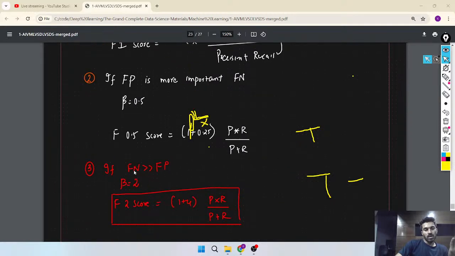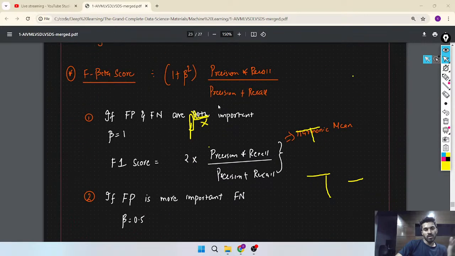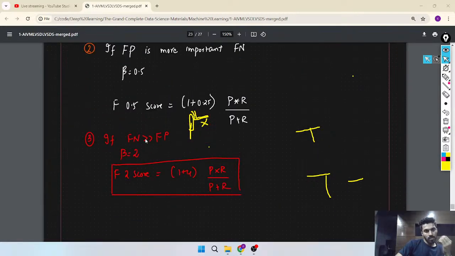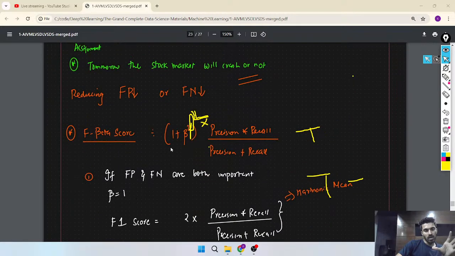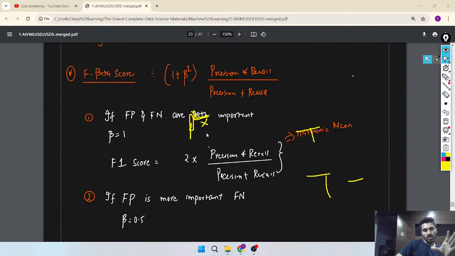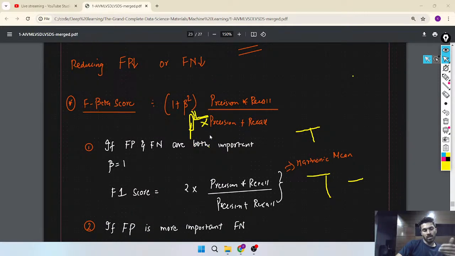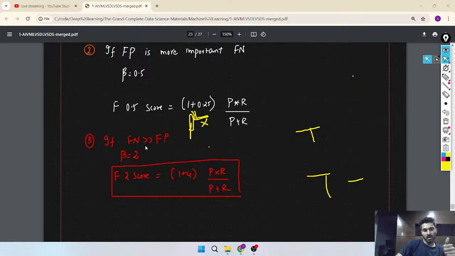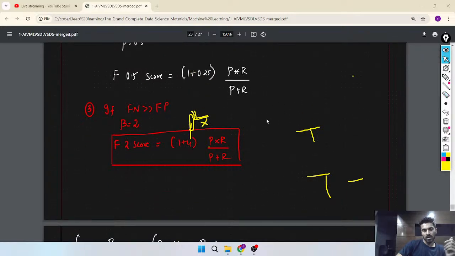So false negative, if you apply 2 into 2, 4, it is opposite to false positive. You are giving high importance to precision, but false positive is coming in the denominator, so it is opposite, and you have to give high precedence to false negative. That's it.